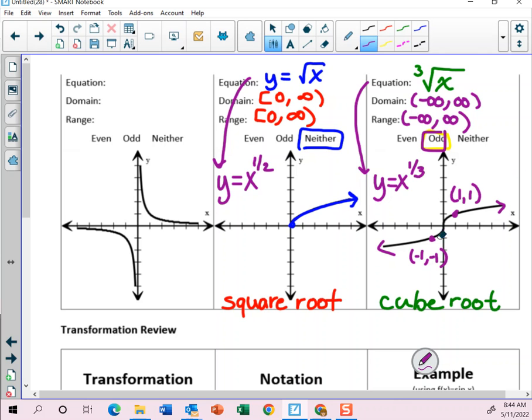An opposite x gives an opposite y when you're talking about an odd function. 1 gives you 1, negative 1 gives you negative 1. The next point on this cube root would be like 8, 2. And then there would be a point out here, negative 8, negative 2. Opposite x's give opposite y's. So first quadrant points and third quadrant points work together, or if you had second quadrant and fourth quadrant points.